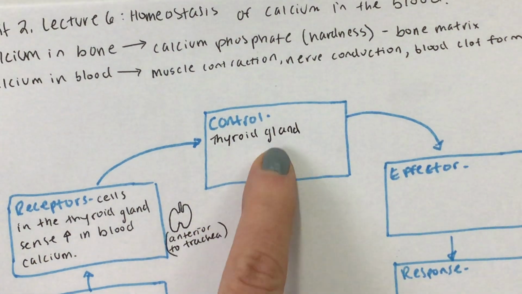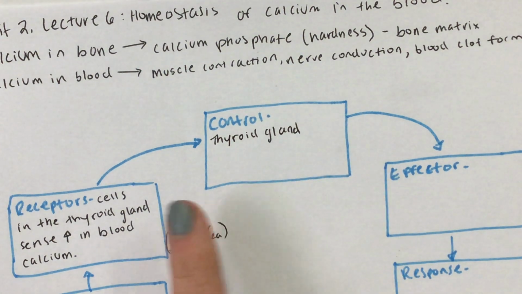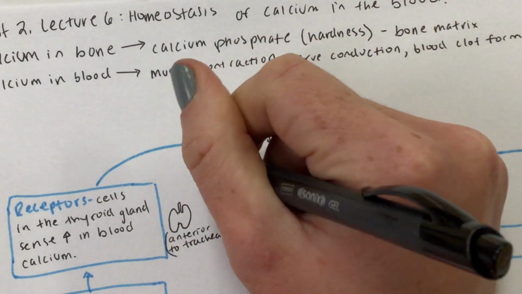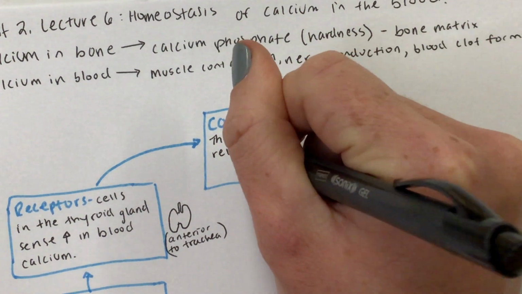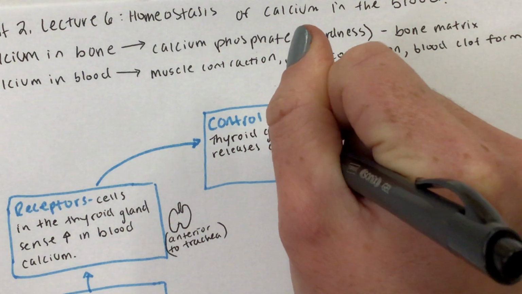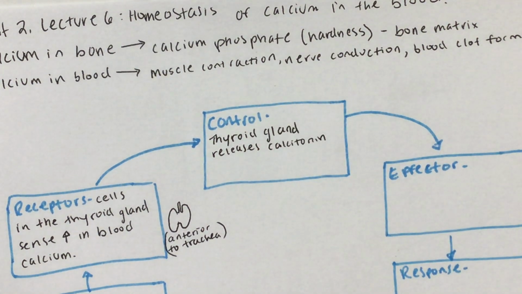And the control center, the thyroid gland, is going to decide to release calcitonin. So the thyroid gland releases a hormone called calcitonin.